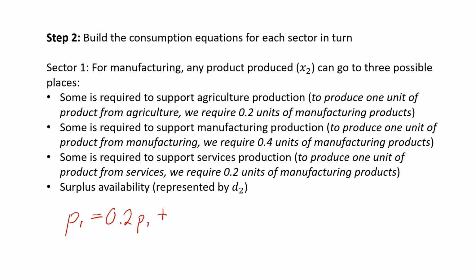Every unit of manufacturing requires 0.4 units of manufacturing. And every unit of support services requires 0.2 units of manufacturing. And then we have the surplus. So there's our second consumption equation.